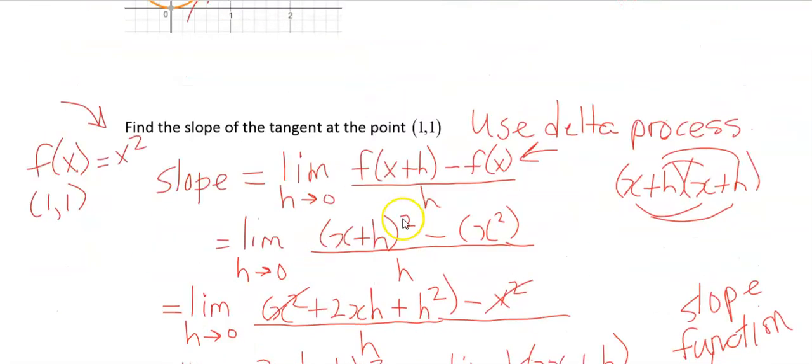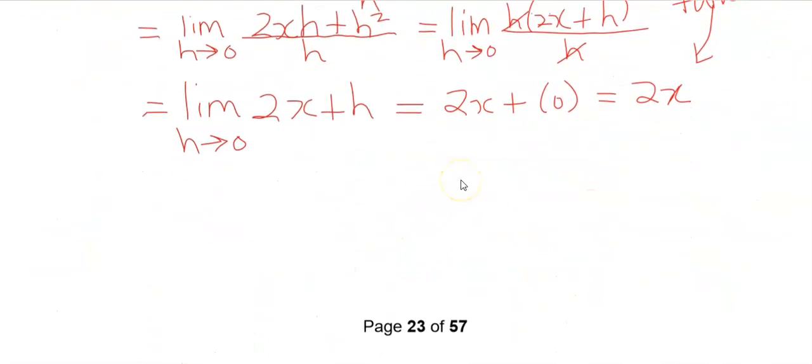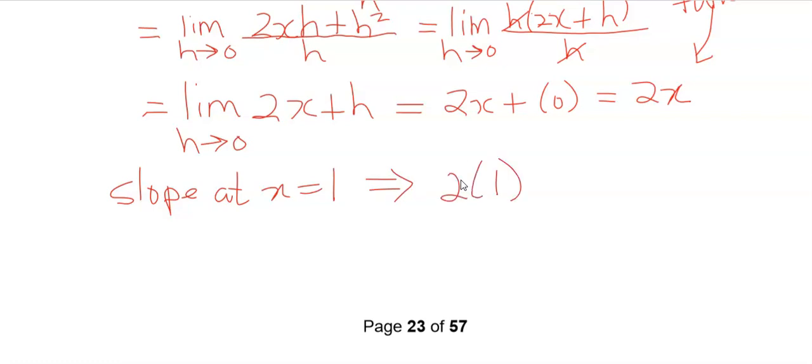So if you want to get the slope at x equals 1, well, you just plug 2 into it. Or sorry, 1 into it. And there you go. There's your slope at the point 1, 1.